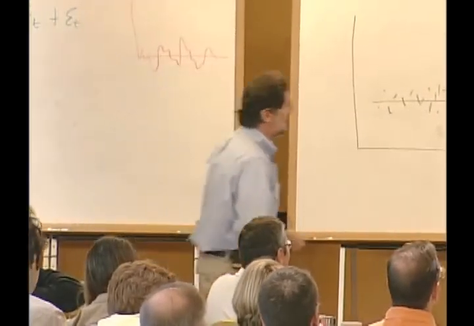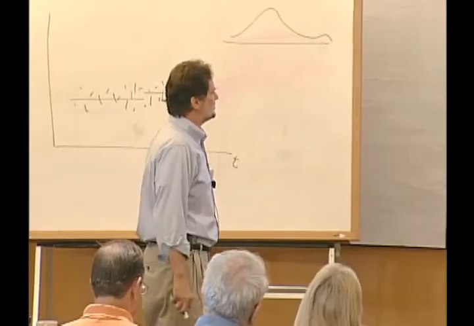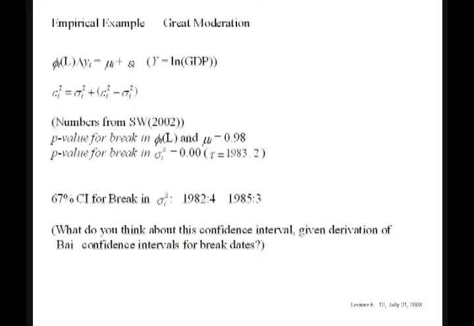But that was not the point I was trying to make. The point I was trying to make is this confidence interval seems really narrow. So what does that mean? I think it means that this can't be based on much averaging.